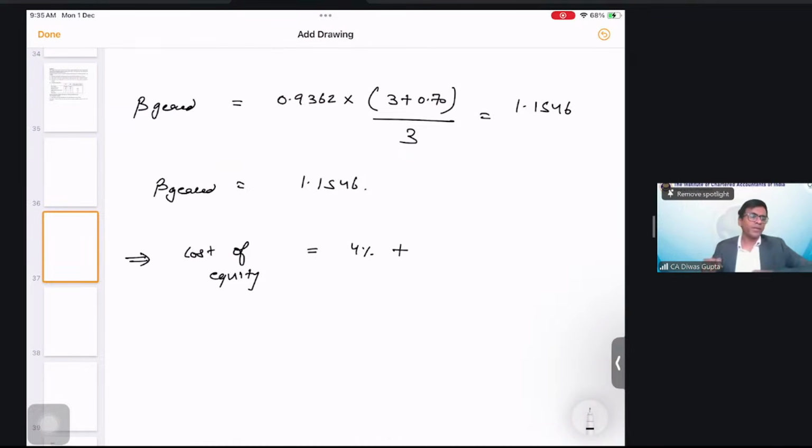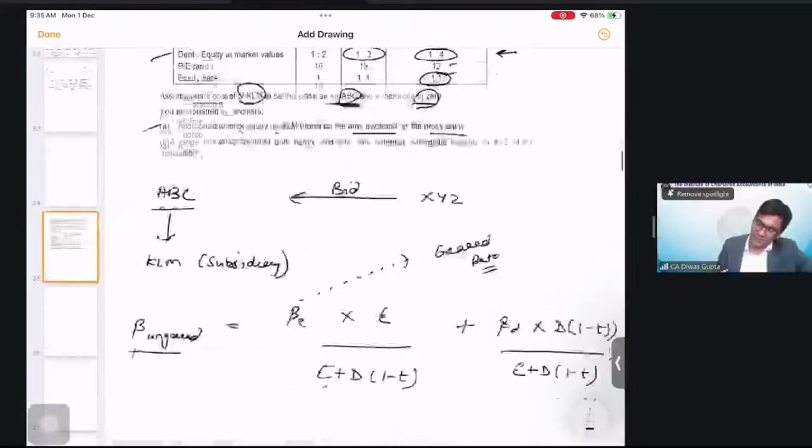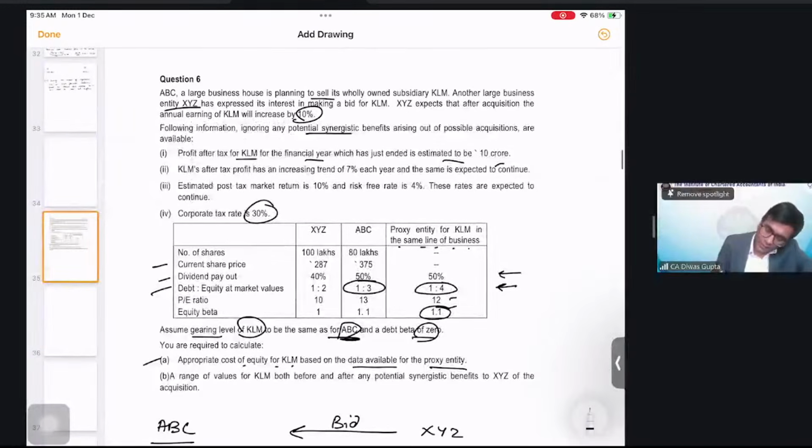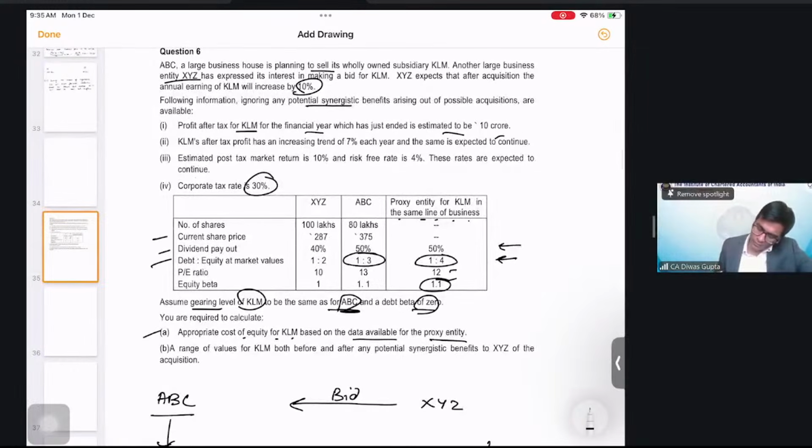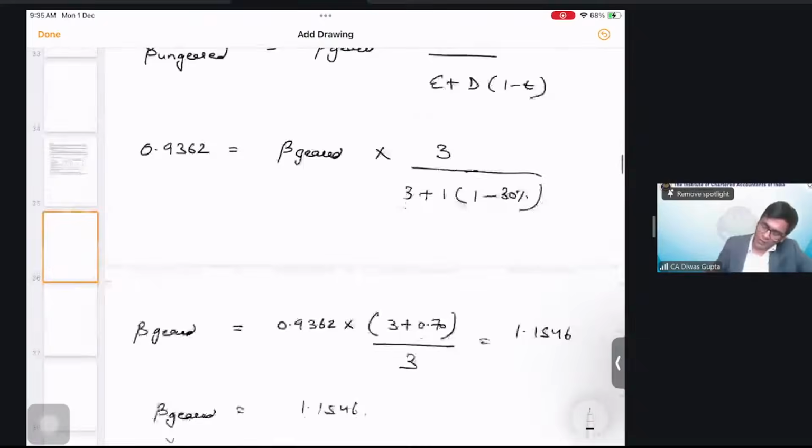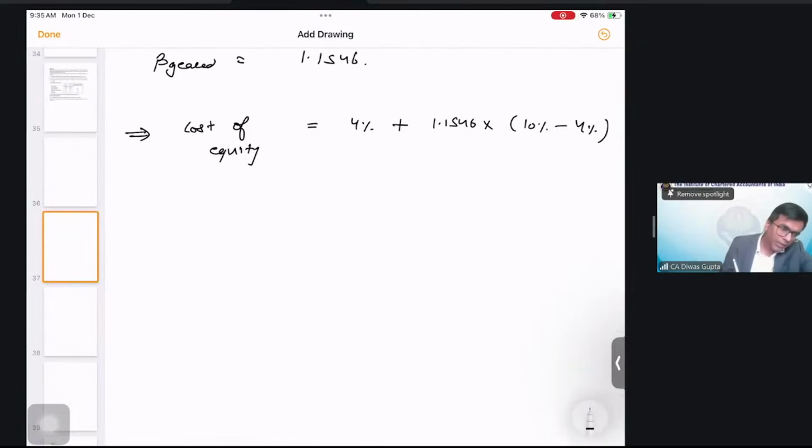So hence the cost of equity: risk-free rate of return of 4% plus geared beta multiplied by the market premium, right? 10% minus 4%. So if you see, the post-tax market return is 10% and risk-free rate is 4%, students. Okay. So this is what we have put in the cost of equity formula.